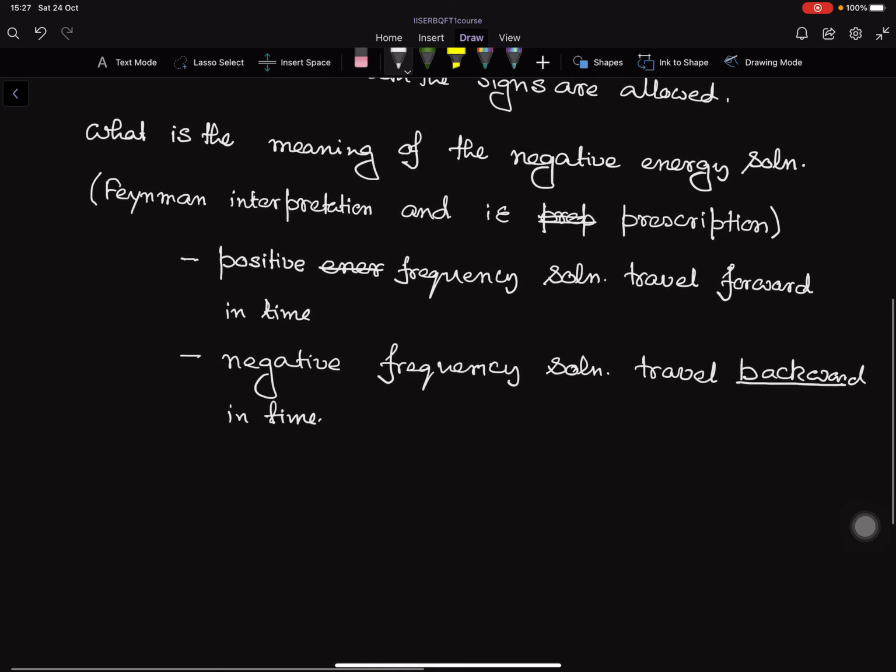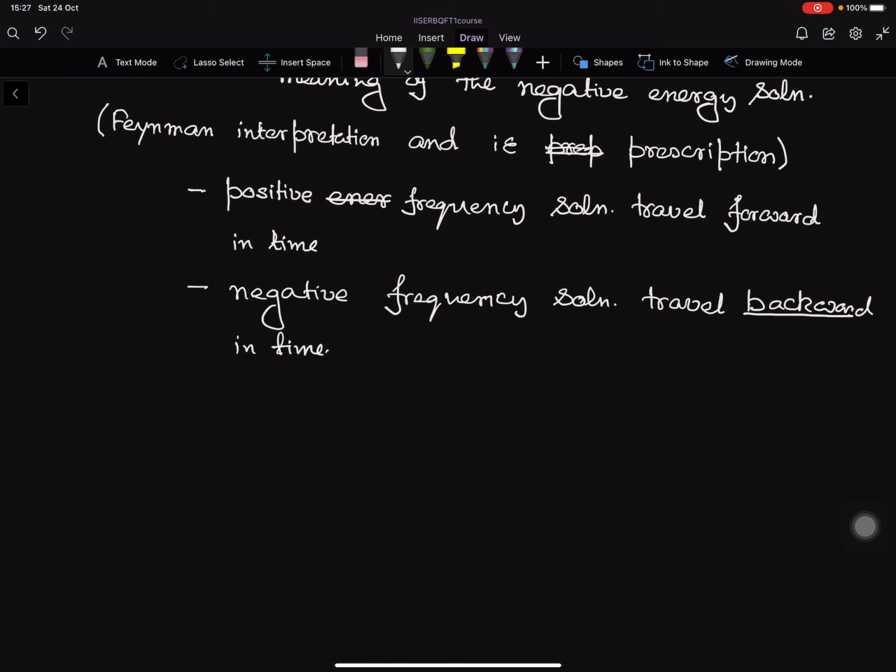Okay, and not only that, they travel backward in time, and then he said that this is the same as an antiparticle traveling forward in time.